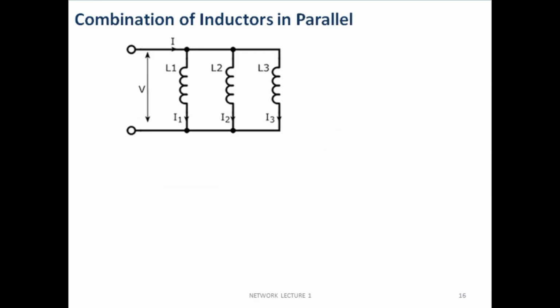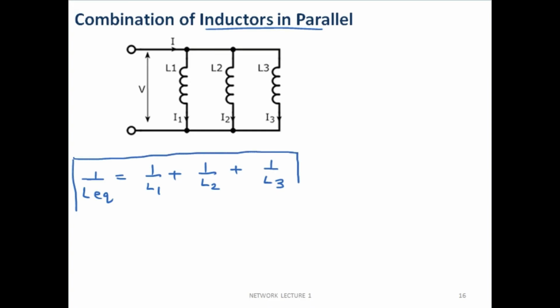Okay, so now let us see the combinations of inductors in parallel. Just like resistors when connected in parallel, the formula we saw was 1 by R equivalent, here it will be L equivalent. It is given by the reciprocal of all the inductances, that is 1 by L1 plus 1 by L2 plus 1 by L3. So this is the formula for L equivalent.